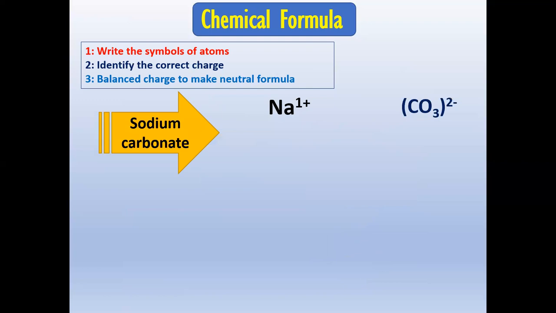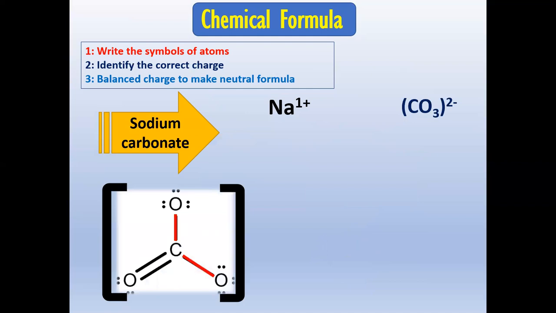We're going to take another example. Now, in this example, there is something unusual. You can see sodium with a +1 oxidation state, and the carbonate with a -2 oxidation state. Now, this carbonate is a molecular ion. It behaves like, for example, carbon with valency 4, making 4 bonds with oxygen.